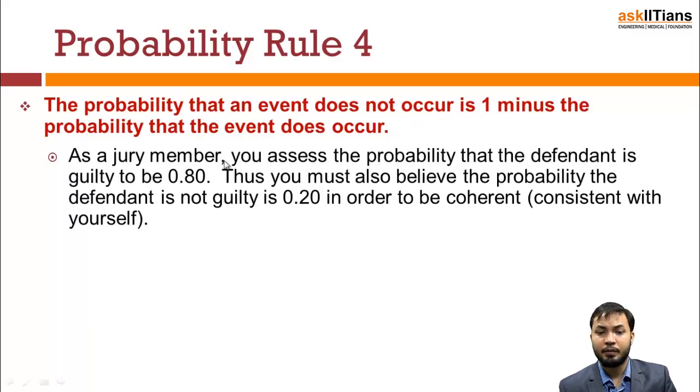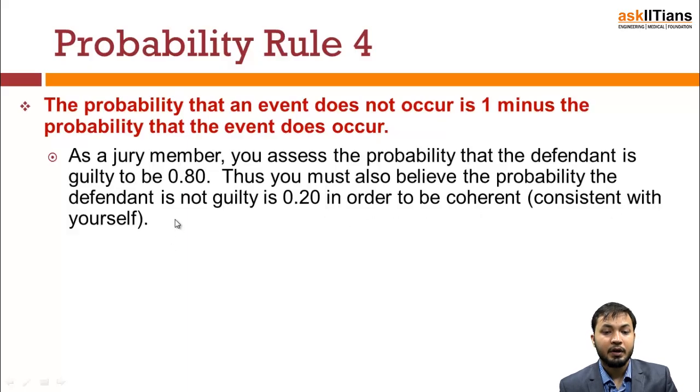Now, as a jury member, this is an example: you assess the probability that the defendant is guilty to be 0.8, that is 8 out of 10. Thus, you must also believe that the probability that the defendant is not guilty is 0.2, in order to be coherent, consistent with yourself.